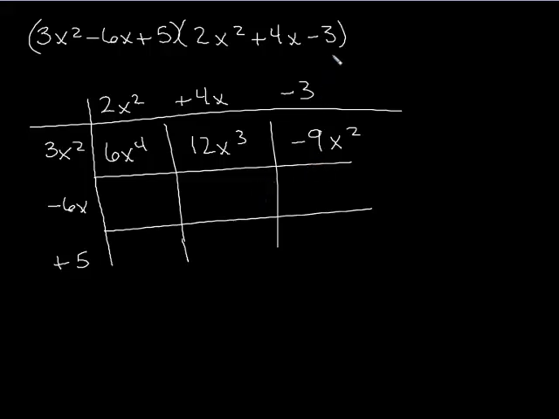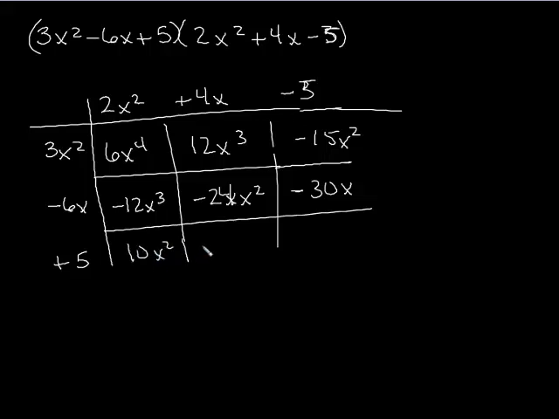I must have written that down wrong. I wrote it down as a 5, didn't I? Okay, well, we'll turn it into a 5 so that it works and we get the same answer. Let's make that a 5, so negative 15x squared. And then negative 12x to the 3rd, negative 24x squared, negative 30x, 10x squared, 20x, and negative 25.